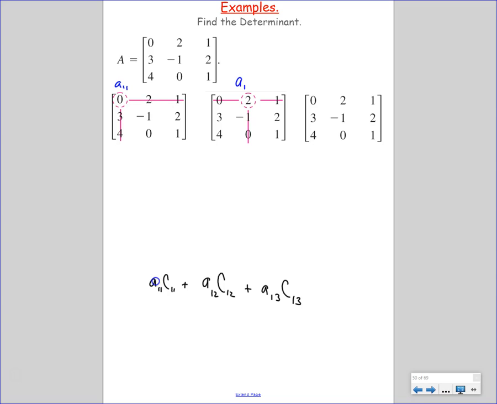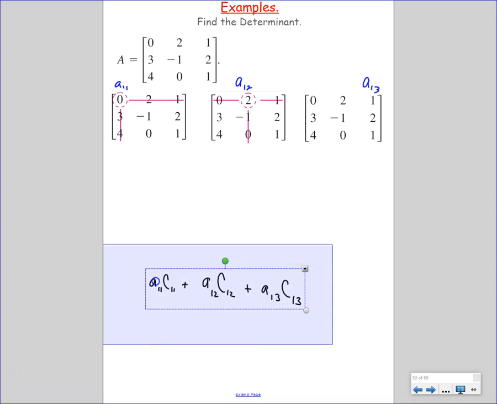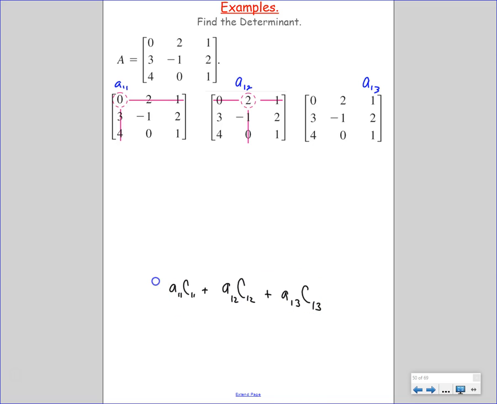Yeah. First row, second column. What's A13? Okay, so the A's are just the entries themselves. It's just 0 and 2 and 1. No big deal. But what do I need to find? The C's. And what does C stand for? Cofactors.